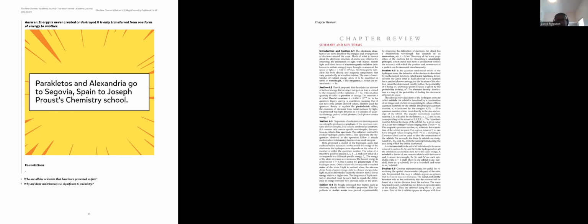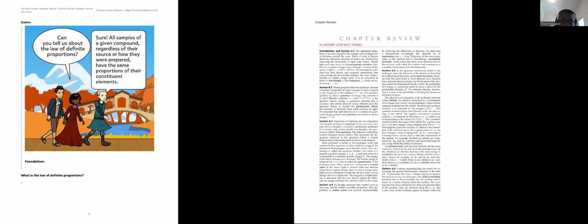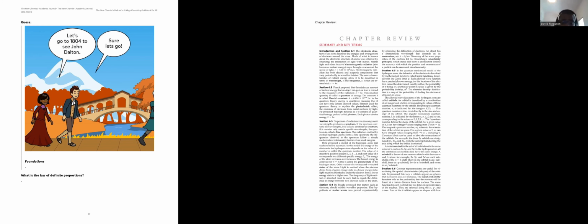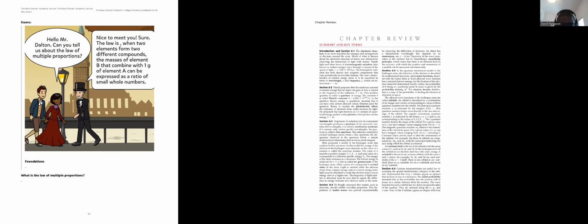Bohr proposed a model of the hydrogen atom that explains its line spectrum. In this model, the energy of the electron in the hydrogen atom depends on the value of a number n called the quantum number. The value of n must be a positive integer, 1, 2, 3, or other integers, and each value of n corresponds to a different specific energy, En.